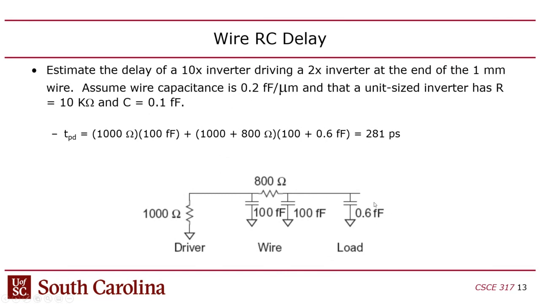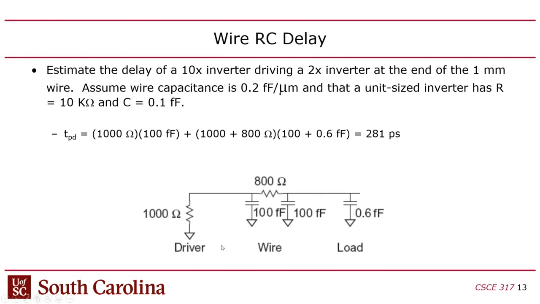So if you're driving a 2x inverter, it would be 0.2, but you have to multiply that by 3, remember, because you have to drive a double size PMOS and a normal size NMOS. So that's where you get the 0.6. And then in between, you've got wire resistance of 800 ohms and wire capacitance of 200, which is divided across the two capacitors.